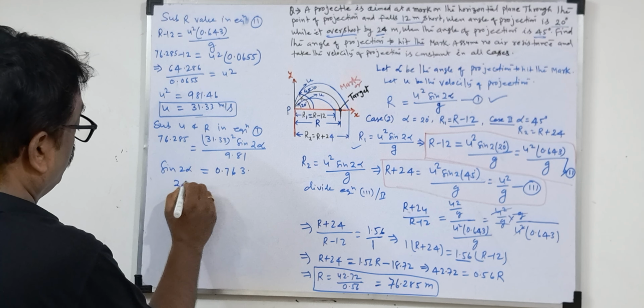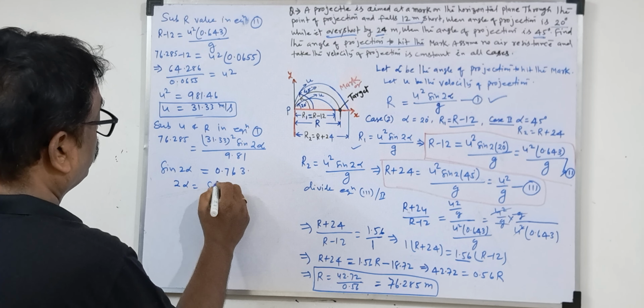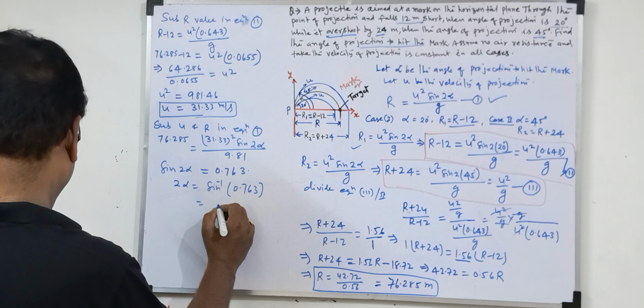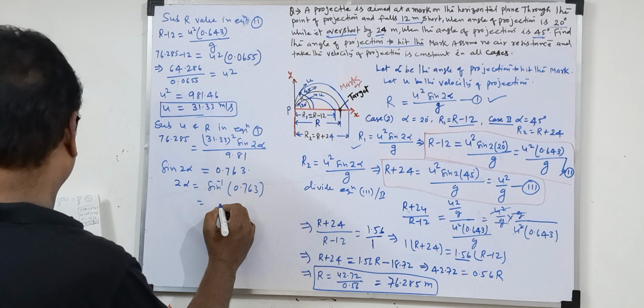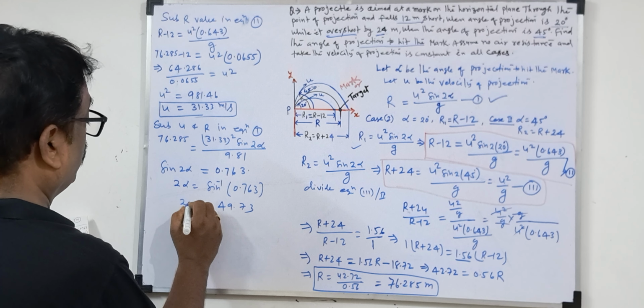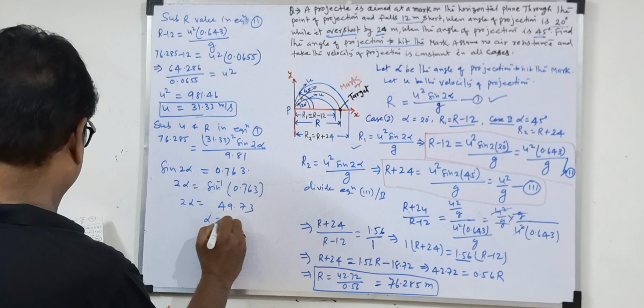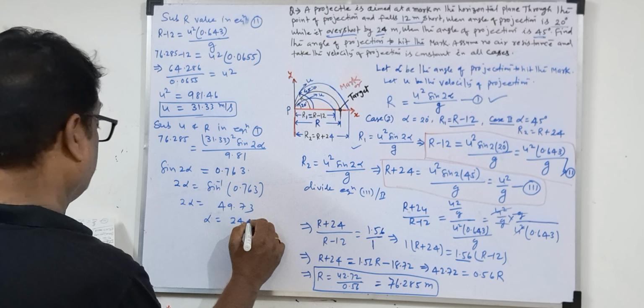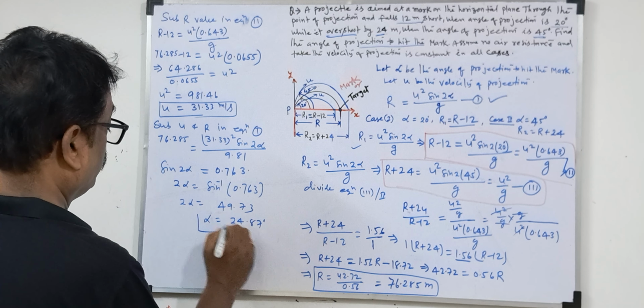Then 2 alpha is equal to sine inverse 0.763. The angle will come 49.73 for 2 alpha. So alpha is equal to 24.87 degrees.